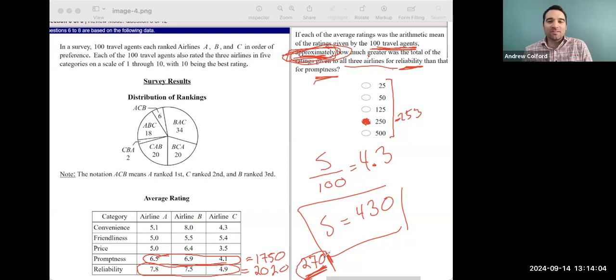But when I get 270 and it's that far off, I start to wonder if maybe I did something wrong. And there's no happy ending to this. This is kind of me just saying this isn't a super well written question, but 250 is the closest value to what we got, and that's the correct answer.